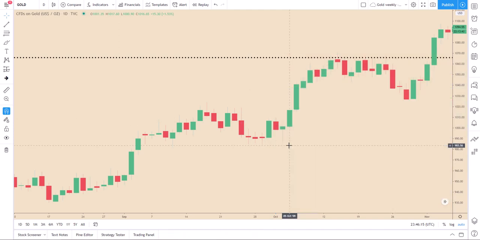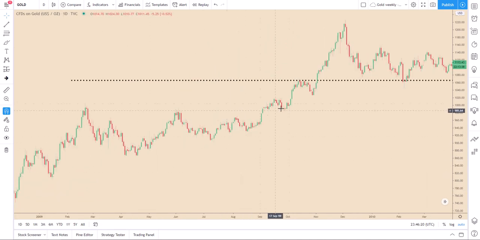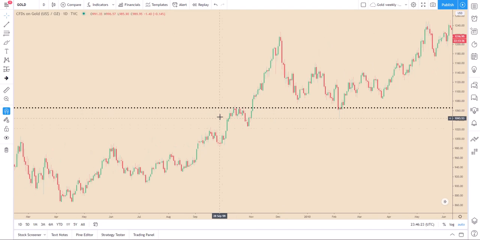But anyway, after price spent 2 weeks bumping up against this resistance level, then this 50% pullback, and in the process, now we're talking about most of 3 calendar weeks of trading time. Price goes on this big zoom, big gain.